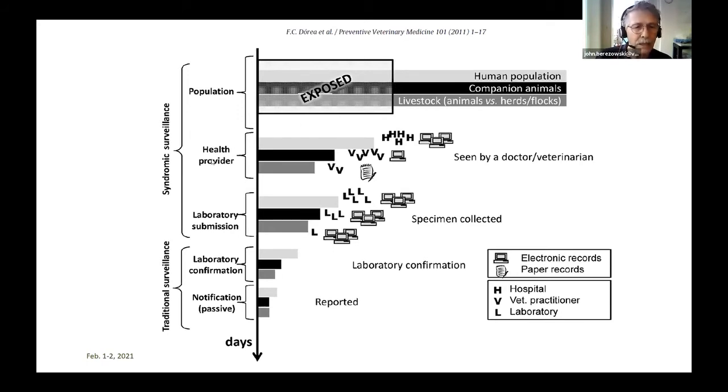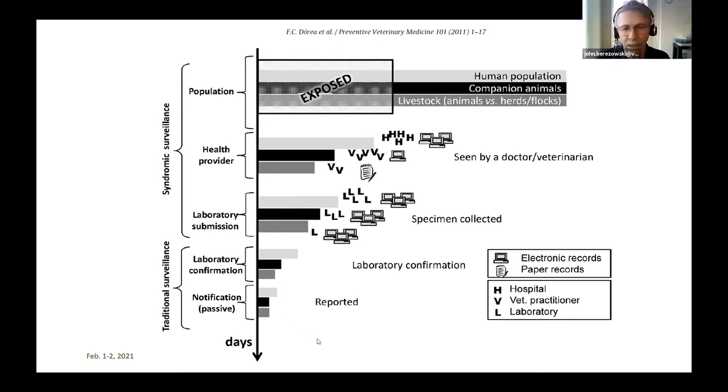The next three bars below are the health providers, the proportion of the population that seeks help or goes to a health provider. The next one is the proportion of the population that sends samples in for laboratory submission. These are usually from veterinarians. Then it's laboratory confirmation and notification. And time in days goes from the top to the bottom.